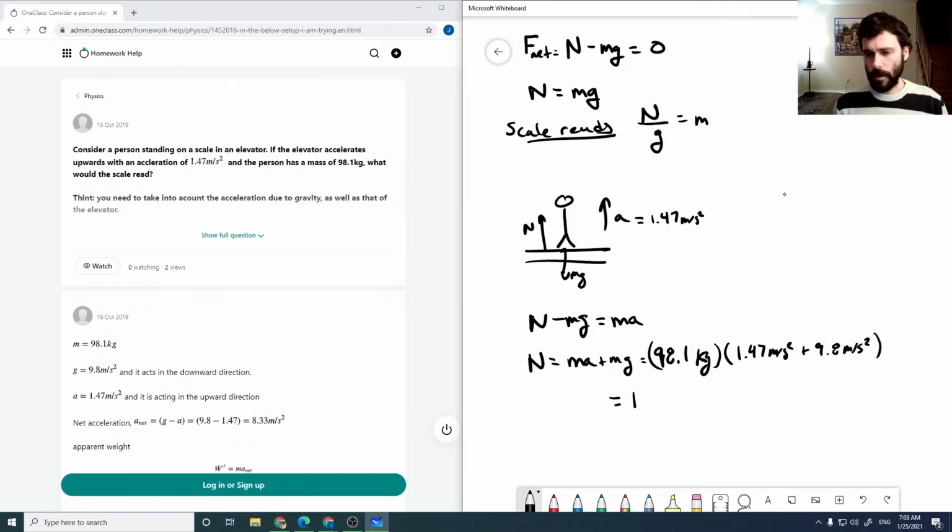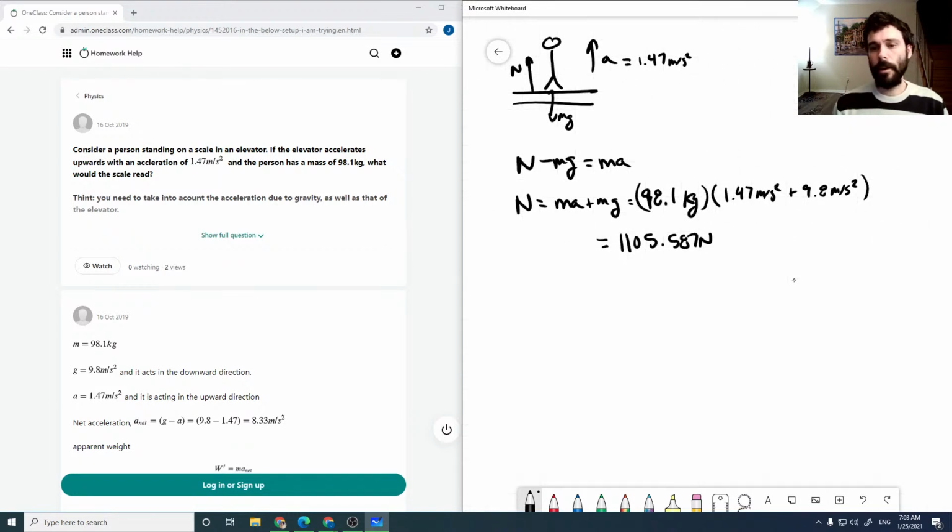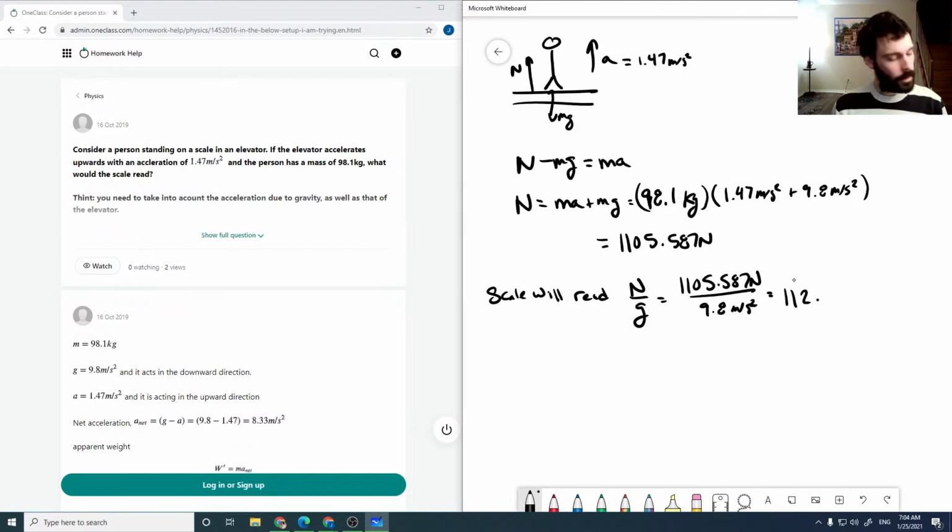And so this comes out to be 1105.587 newtons. So it still will read N over g. So 1105.587 newtons over 9.8 meters per second squared, which is 112.815 kilograms.